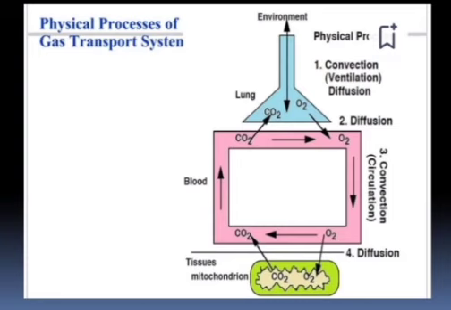Carbon dioxide from the tissues will in turn diffuse into the blood, and then the blood carries it to the lungs, and then from the lungs it goes out to the external environment. And this is how it works.